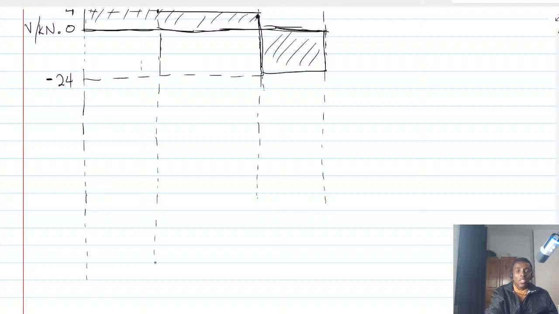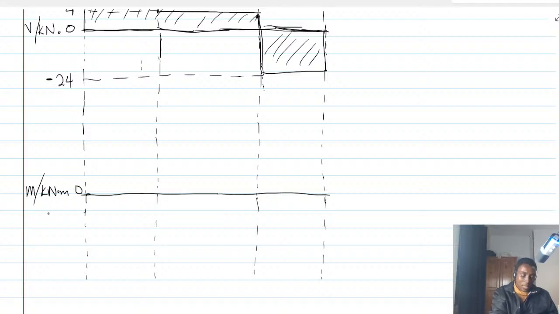Otherwise, you'll be given the drawing sheet. Okay. So let's say that the zero line for the bending moment is this. So moment in kilonewton meter. And let's say that this is the zero line. Is that okay?